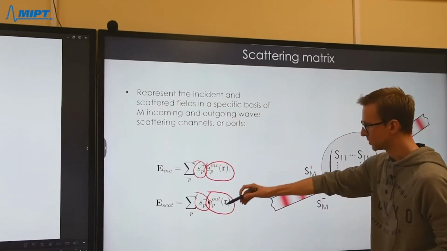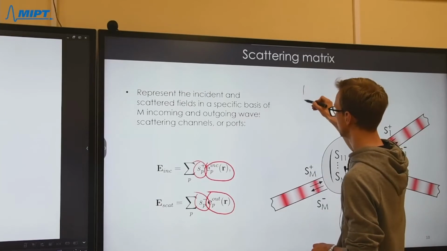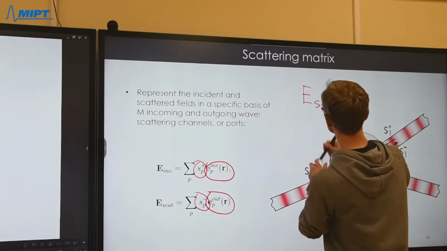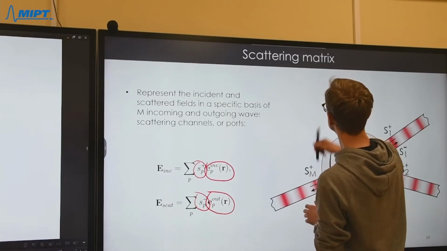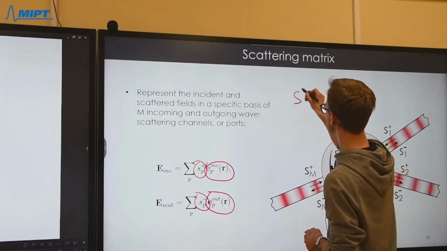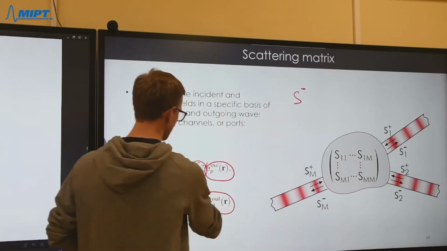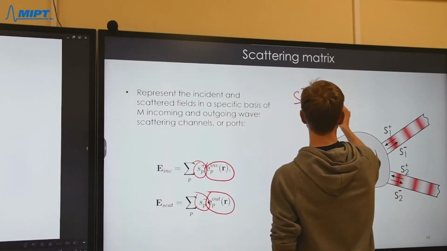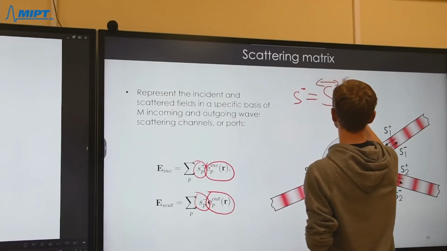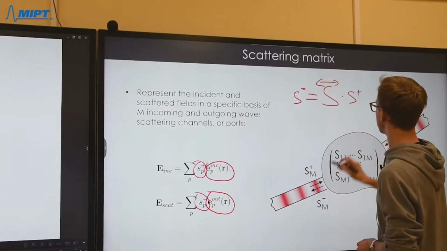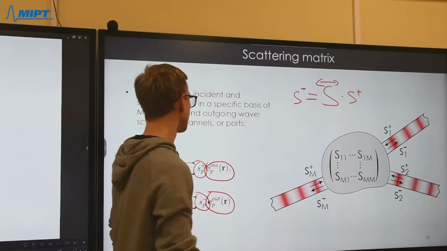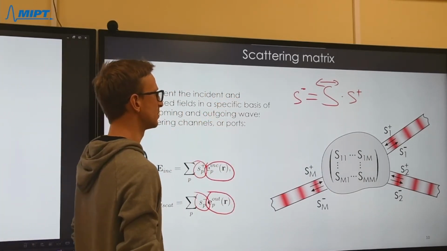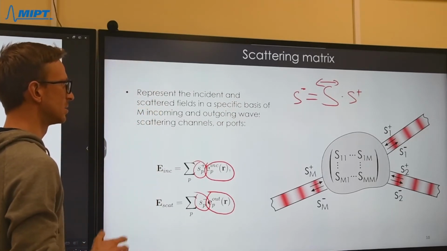Now, if we do this, we can write that S minus, S outgoing, which is the set of all these complex amplitudes, simply equals S matrix times S plus, where S plus is the vector of all incoming amplitudes. And this is the matrix formulation of the scattering problem.